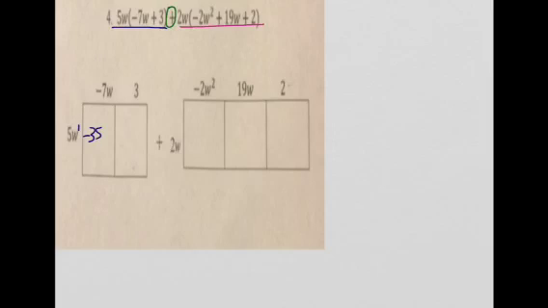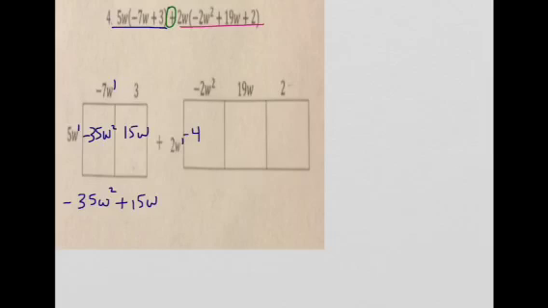W times w, both exponents are 1, so it'd be w squared. 5 times 3 is 15, and w doesn't have anything to multiply that would change its exponent, so it'd be just w. So right now I have negative 35w squared plus 15w. Now we're going to do 2 times negative 2 is negative 4.